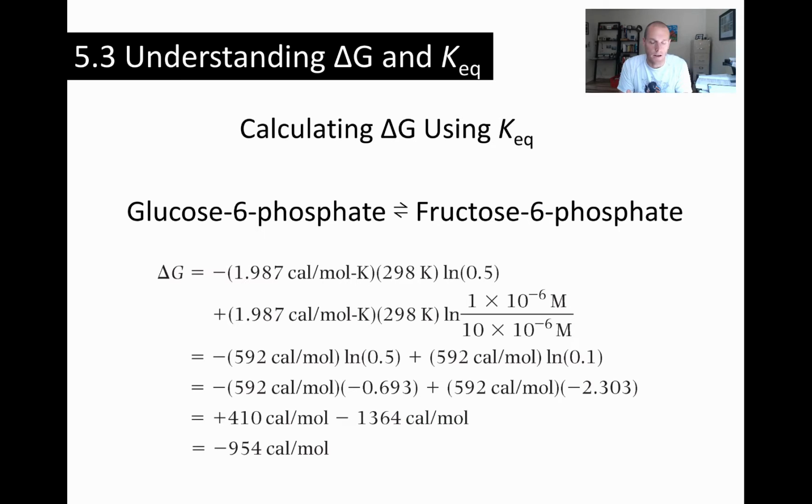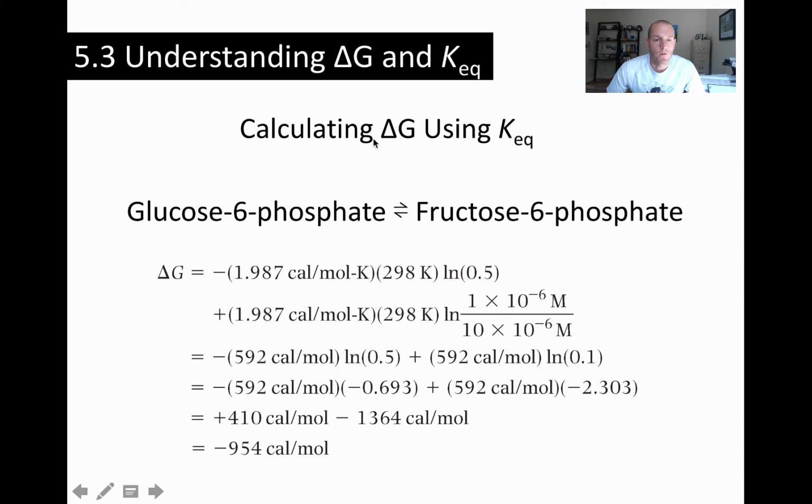Let's actually look at an exact example so you can see this being done. Okay, so we want to calculate delta G. Before we get going, the equilibrium constant for this reaction is known to be 0.5. What that means is that if you've got 1 mole of glucose 6-phosphate, you have 2 moles of fructose 6-phosphate. So that's 1 over 2, that's 1/2.